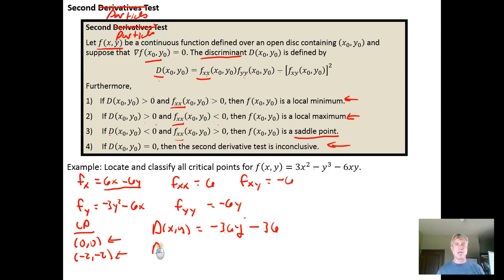So we calculate the discriminant at (0, 0), which is going to equal, when we plug in y equal to 0 here, 0 minus 36, which is -36. So we look up at the test scenarios, and this says right here, if the discriminant is negative, which it is, and the second partial derivative with respect to x is positive, which it is, we have a 6 for that, and here we have a -36, then we're told that we have a saddle point going on.